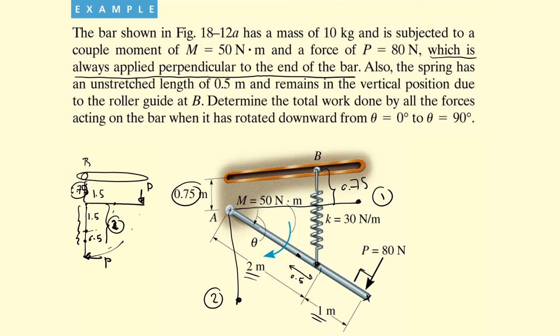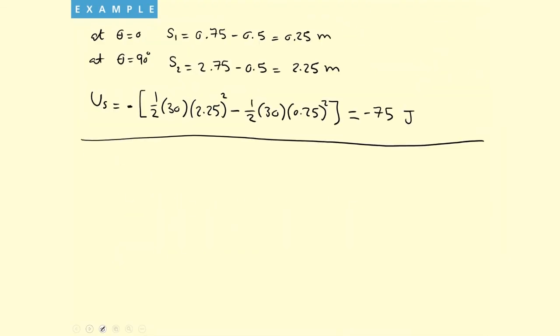So I need to convert this into a distance, and we convert this by the relation that S equals theta times R. Now, what is R? In this case, it is 2 plus 1, so it is 3. Therefore, the distance S traveled will equal theta R. This is the relation between them.